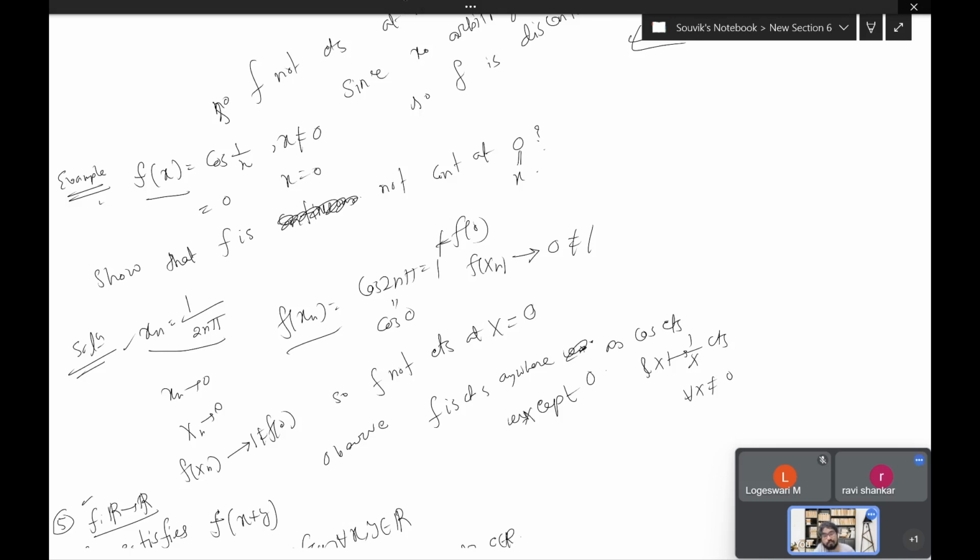So we choose the sequence xn equal to 1 by 2n pi. Then this sequence converges to 0, but the sequence f of xn is cos 2n pi, which is equal to 1. But 1 is not equal to f of 0. So basically f of xn is not converging to f of 0. So by the sequential criteria, f is not continuous at x equal to 0.